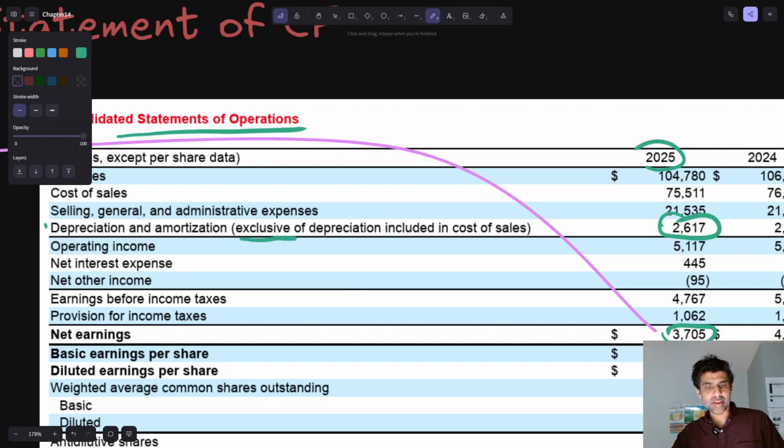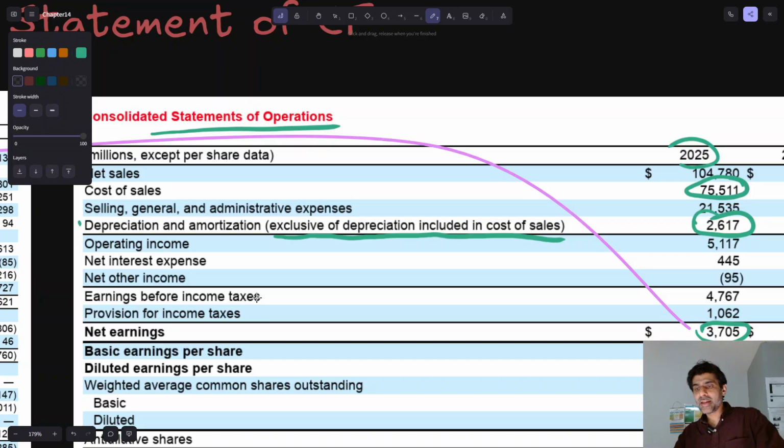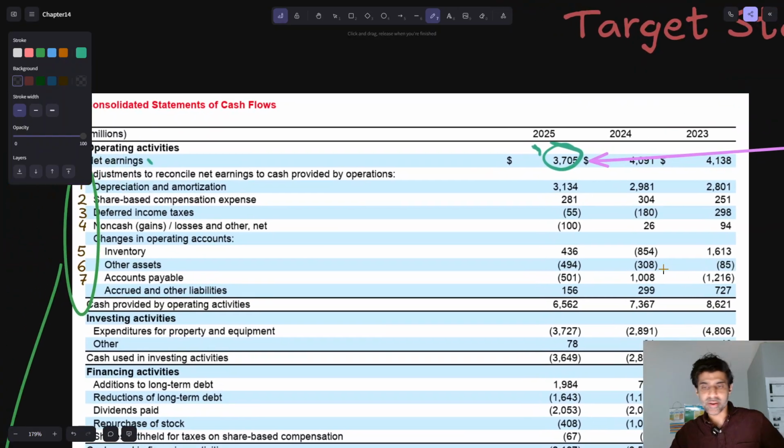but this is a key part: exclusive of depreciation included in cost of sales. Okay, so if you were to go read the notes to the financial statement, you would see that actually they include some depreciation expense in here. So you're trusting that the company has good accounting systems and they're able to take this and add whatever depreciation they have included in the cost of goods sold, and they're properly putting that number here.